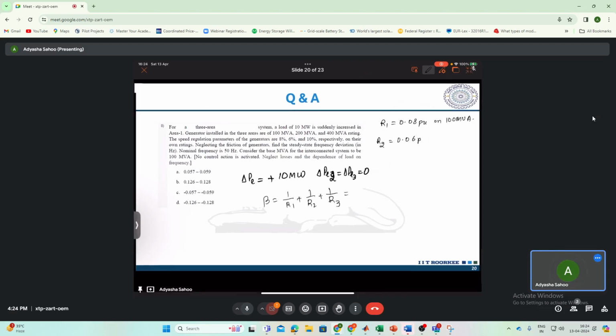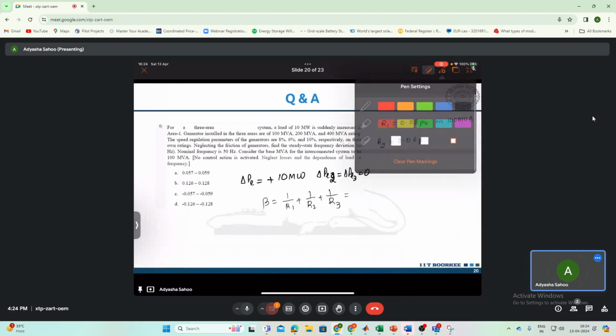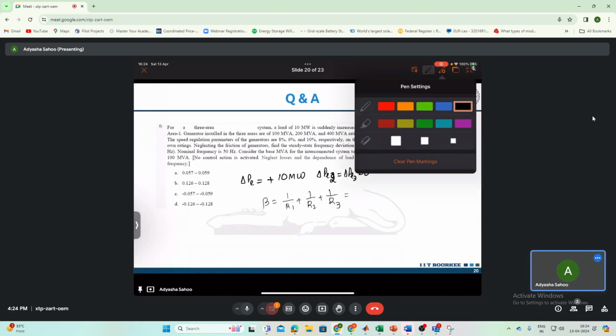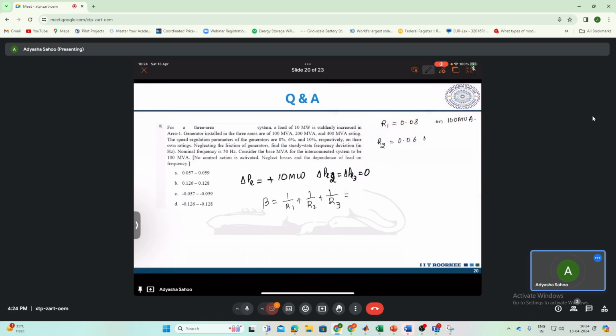This is not in per unit, this is percentage basically. 0.06 on 200 MVA. So if I calculate the new one, that will be R2 into new base divided by machine rating.